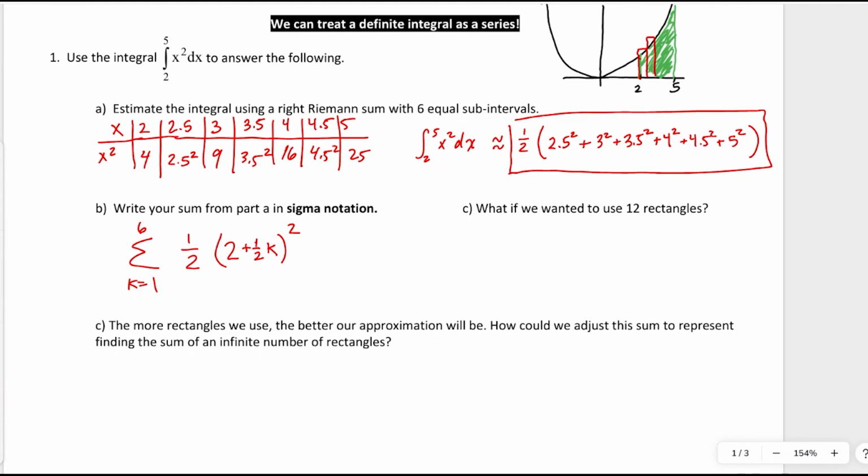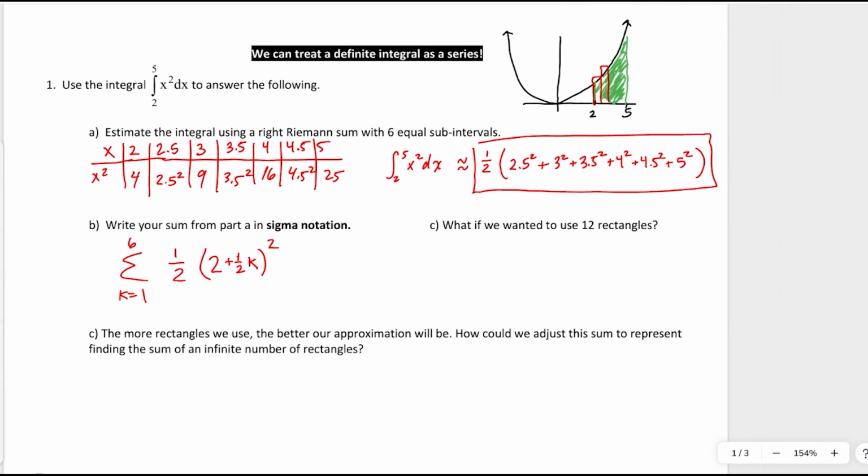Here's a more clear-cut answer for you. The reason why we're going from 1 to 6 is because we are adding the areas of the rectangles, and we're going to start with the first rectangle and end with the 6th rectangle. So the k values here are really referencing the intervals, the rectangles, if you will.